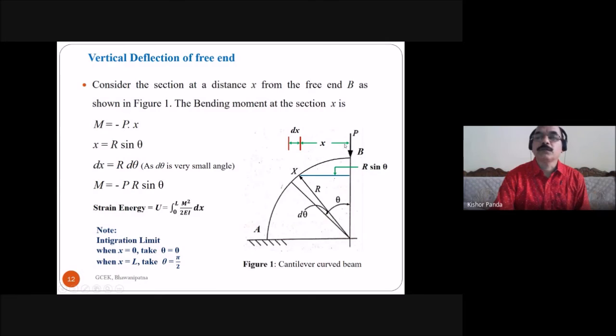When x is equal to 0, theta is equal to 0, and when x is equal to L, theta is equal to pi by 2, because here theta is 0 and here theta is equal to pi by 2. So you have to take the integration from 0 to pi by 2. See the integration limit, and here you have to take dx is equal to R into d theta, and the moment is minus PR into sin theta.